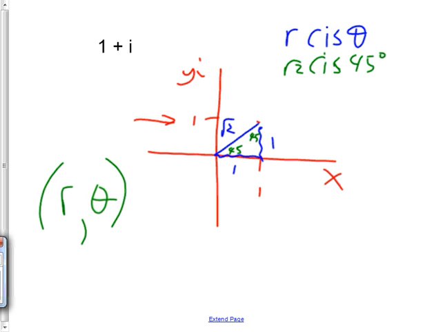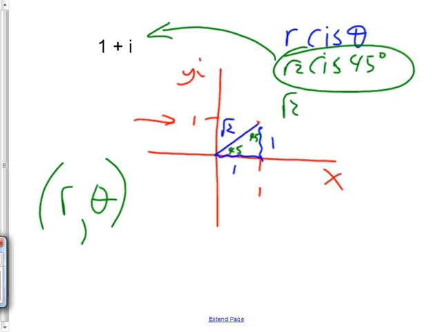All right, to make sure you really understand that, let me give you a different one, because if I had you multiply this one out, you would know that it's just going to come out to this, right? I hope you remember that. If you multiplied this one out, root 2 times cosine of 45 plus i sine of 45, it would come out to this. So let's try a different one that you don't know for sure what it's going to come out to be.